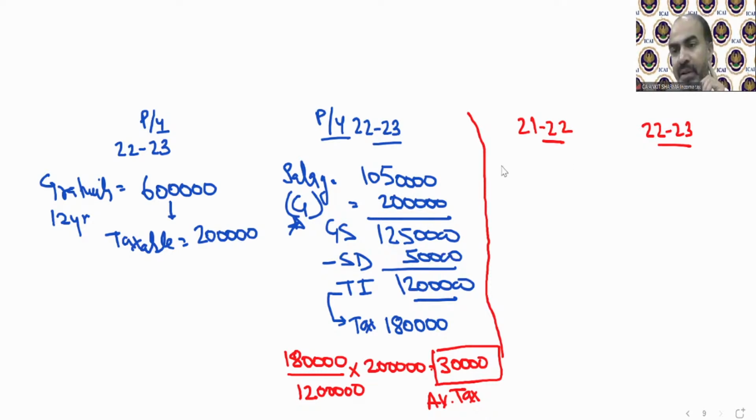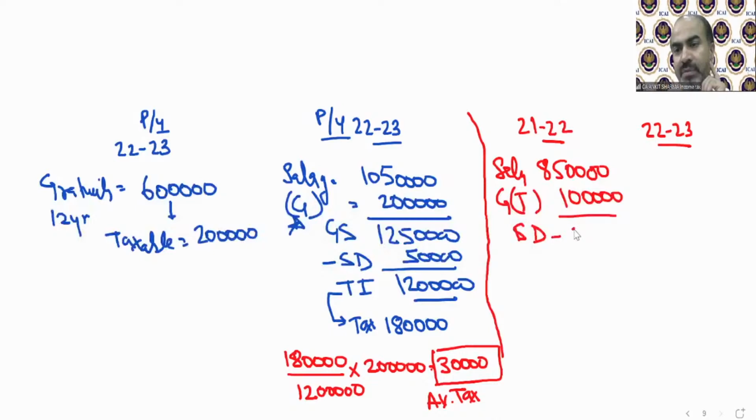For example, the salary of this year was 8 lakh 50,000. We need to tax 50% of the taxable gratuity over here, that means 2 lakh, 50% is 1 lakh. With the standard deduction of 50,000, technically the total income is 9 lakh rupees.